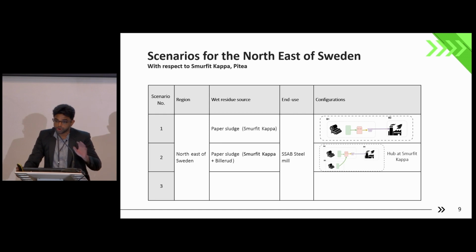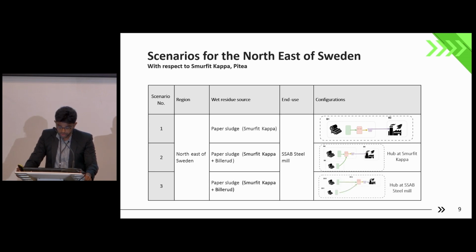So we transport press cakes to Smurfit-Kappa and then pelletize them and use them at the SSAB steel mill. And scenario number 3 has the same wet residue sources, and then the hub is at the steel mill, which is SSAB.